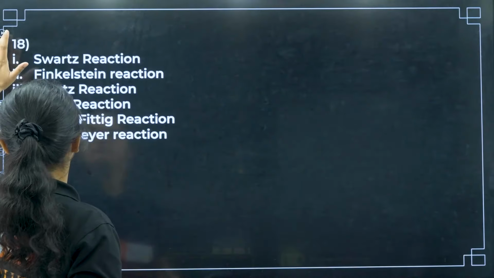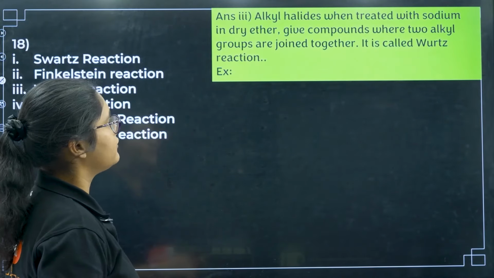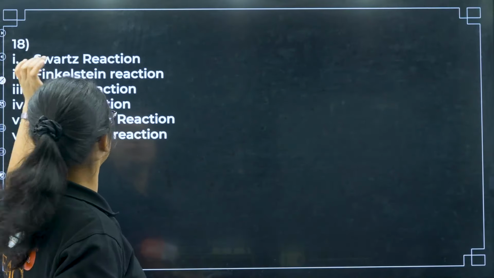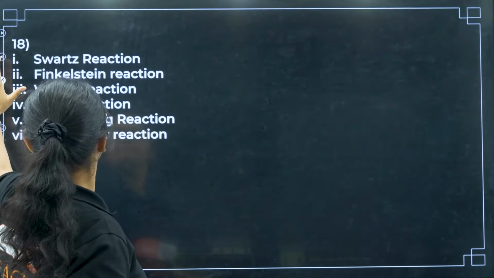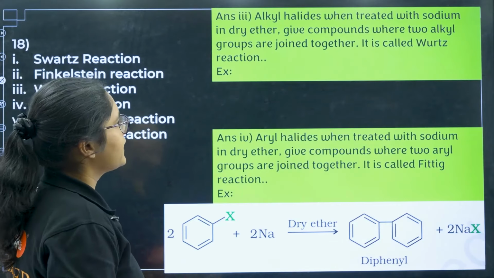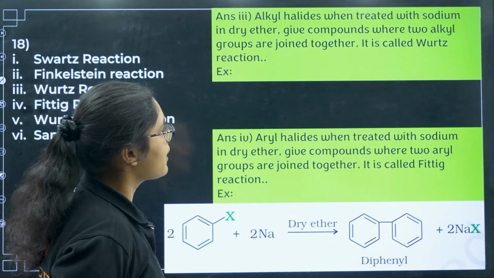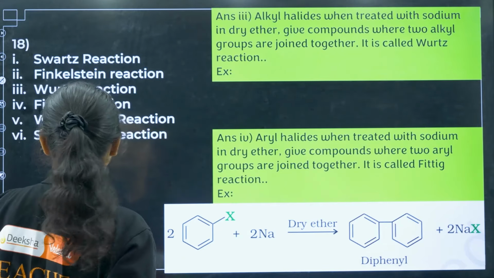Next we have Wurtz reaction. So alkyl halides when treated with sodium in dry ether give compounds where two alkyl groups are joined together, and this is called as your Wurtz reaction.